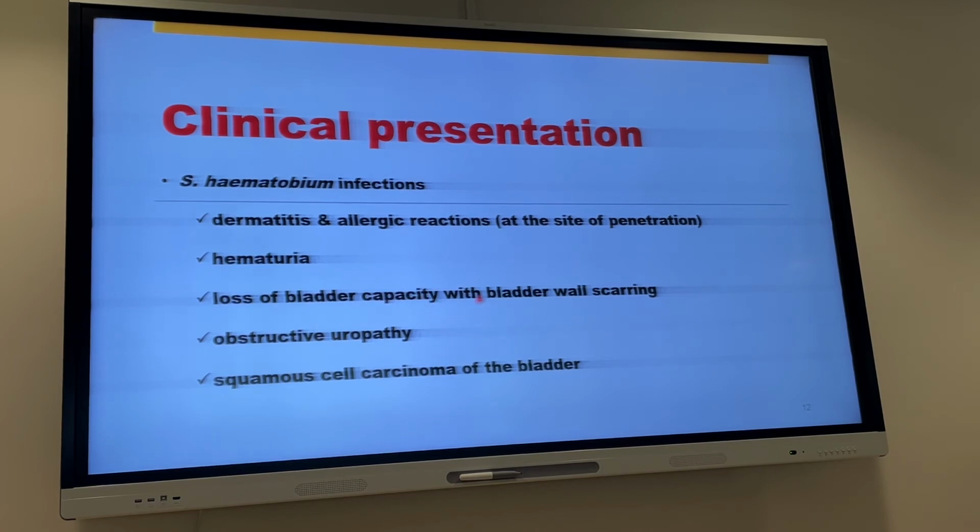You can also have obstructive uropathy because these eggs can come in from any direction, okay? So somewhere along the line, you may have fibrotic changes that will obstruct urine outflow. Let me also add that in endemic areas, in female patients, it's possible for these eggs to find their way into the uterus, the fallopian tube, and the ovaries.